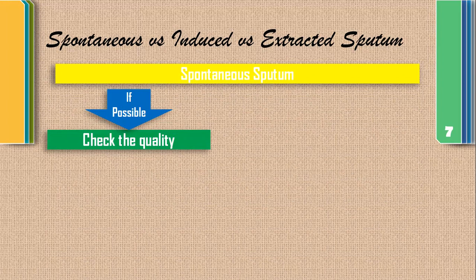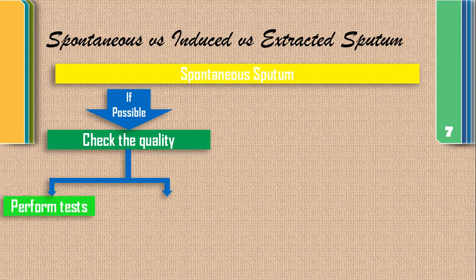I'll talk later on about how to assess the quality of a sputum sample, but just for now, let us understand that if it is possible, we have to ask for the sputum sample, and once the sample is obtained, we have to first check the quality. If it is up to the mark, or according to the guidelines, then we can perform further laboratory tests. However, if the quality of sputum is poor, then we have to ask for another sample. So we have to retake the sample.